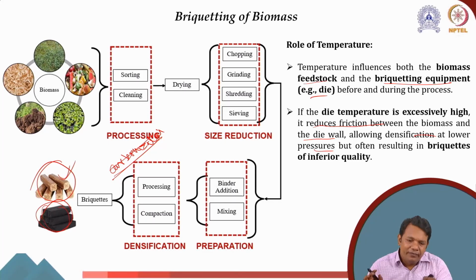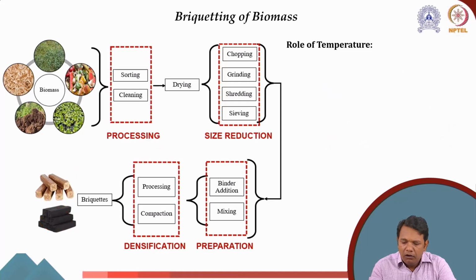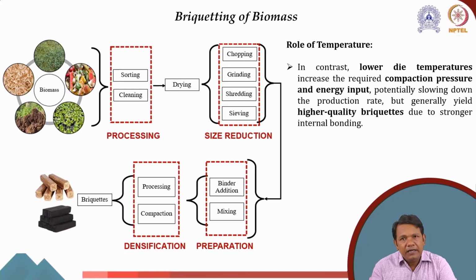But when you make the briquettes at lower pressure, that will result in briquettes of inferior quality. The reason is the energy density and the mass density will be lower. Whereas a lower die temperature increases the required compaction pressure.